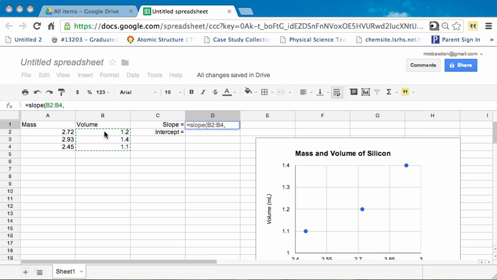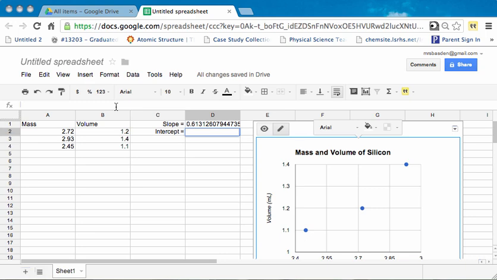So for yours, you're going to have more data points. You're going to have B2, maybe to like B6 instead of just 3 like I have. Then your next one is going to be your A. So now we're going to go over here, and I'm going to do A2 colon A4, close parentheses, and then that's my slope calculation.